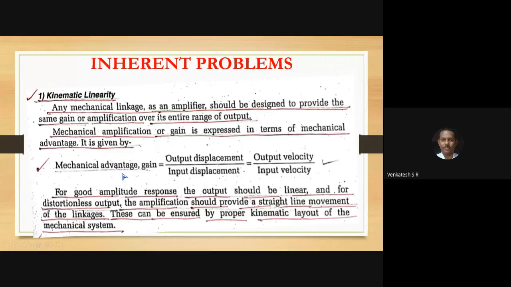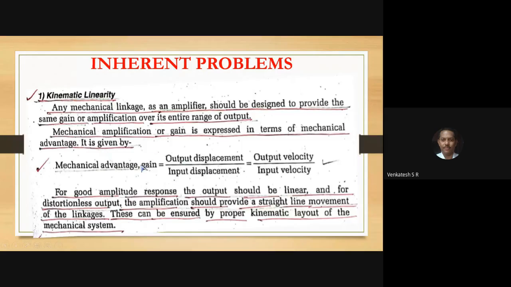A small movement of the shaft is converted into a very high movement of the shaft by using a gear train, hydraulic amplification, or any type of amplification. See, the mechanical advantage or mechanical gain: the input is 10, the output is 1000. So that is the mechanical gain. That is the kinematic linearity.